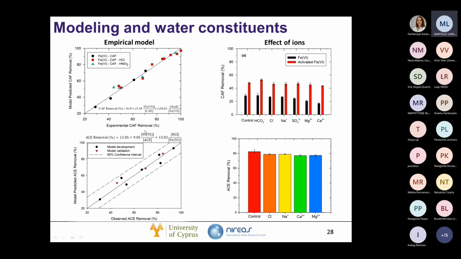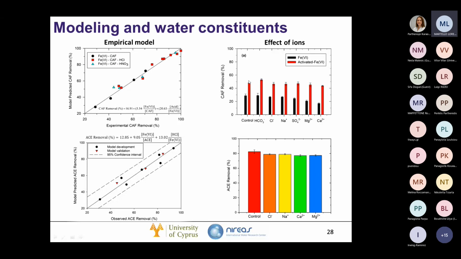As I showed at the beginning, researchers were very familiar by that time with the molar ratios of iron 6 to pollutant, and we suggested another molar ratio that was the acid or the activator over the iron 6 concentration, and we developed equations that could predict the removal of a specific pollutant using different activators.